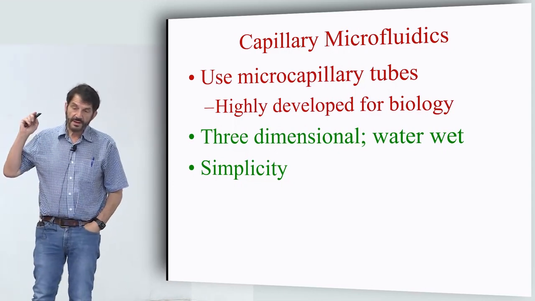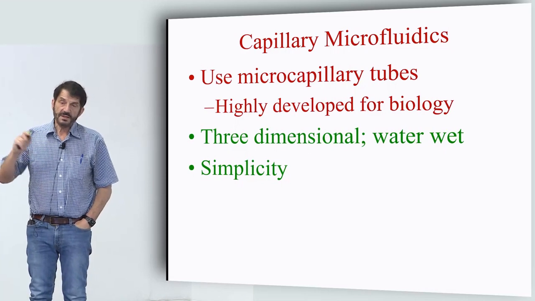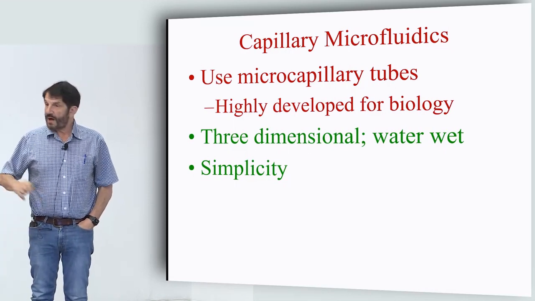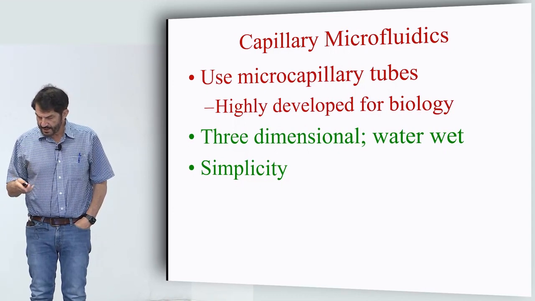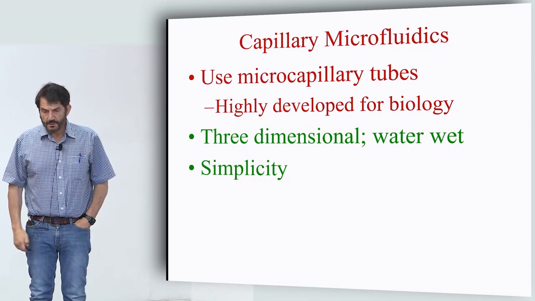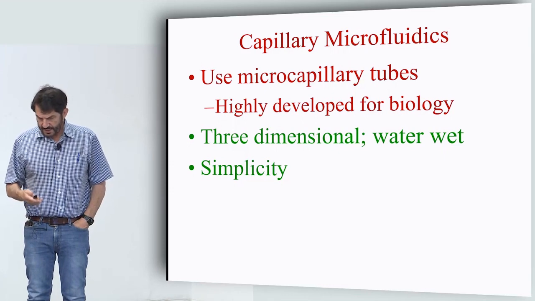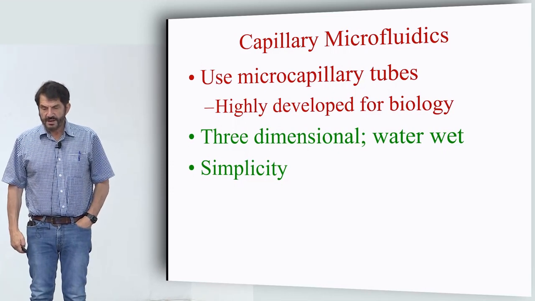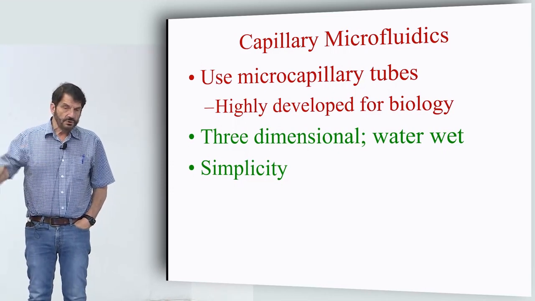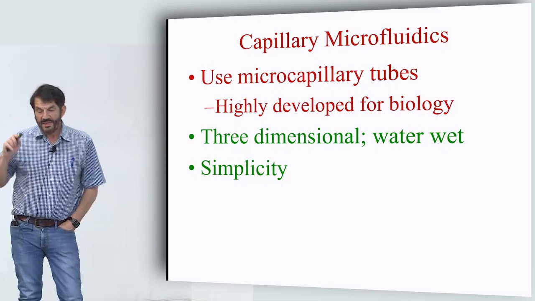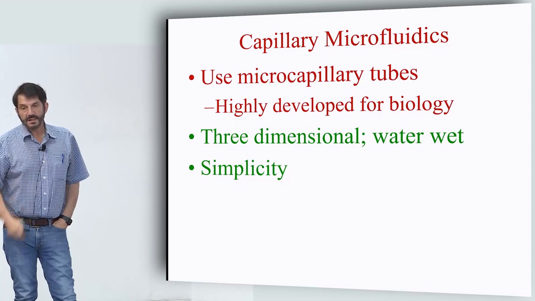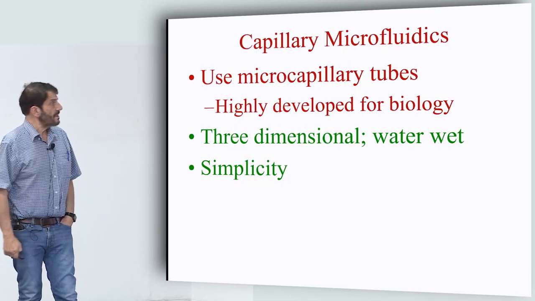So we wanted to do something that was still easy to use, but was made of glass, just a very common material for making chemicals. And so we developed what we call capillary microfluidics. They have the advantage that they're three-dimensional, they're controllable, they're easily fabricated, and they have the same kind of simplicity that you have with soft lithography.